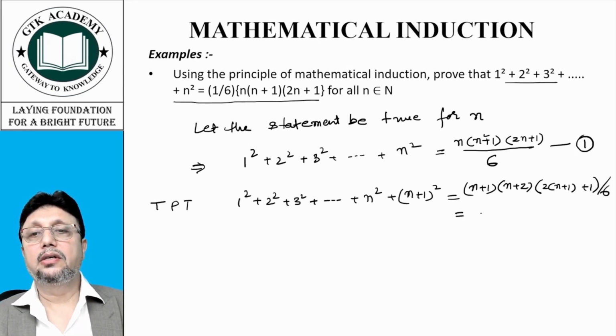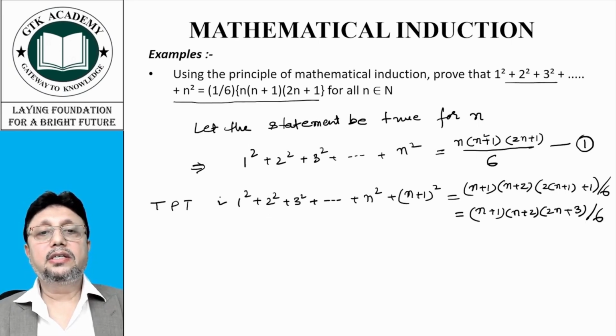That means this is equal to n plus 1, n plus 2 into 2n plus 3 divided by 6.